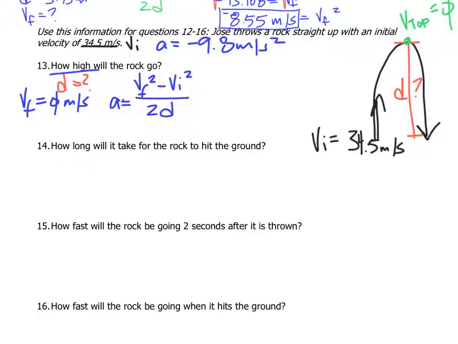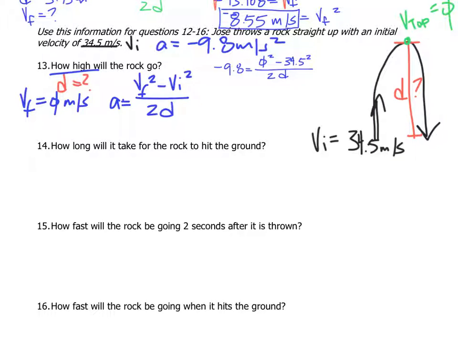So when I plug in my information that I know, A is negative 9.8 equals VF is 0 squared minus the initial velocity we said was 34.5 squared divided by 2 times D, which I don't know yet. Okay? So looking at my numerator, I see 0 squared. 0 times 0 is 0.